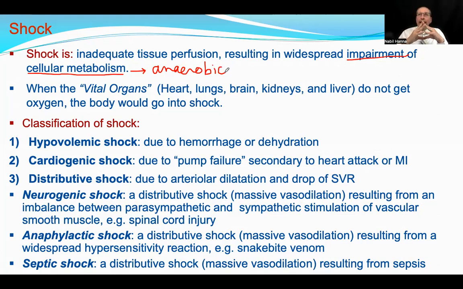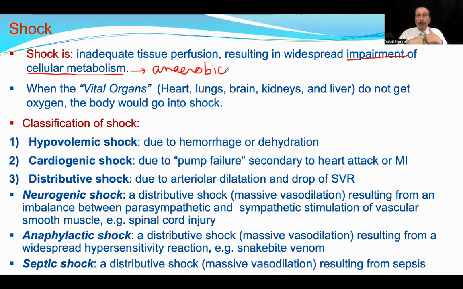Okay, I don't care if skin cells do anaerobic metabolism. I don't care if the GI cells do anaerobic metabolism, but I care about the tissues of 5 organs. We call them the 5 vital organs: brain, heart, lungs, liver, kidneys.